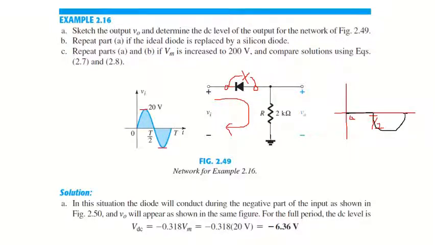Okay, it's not very neat, but at least we are getting what we need to know here. So this is Vi, and this is T by 2. We're getting the values here.